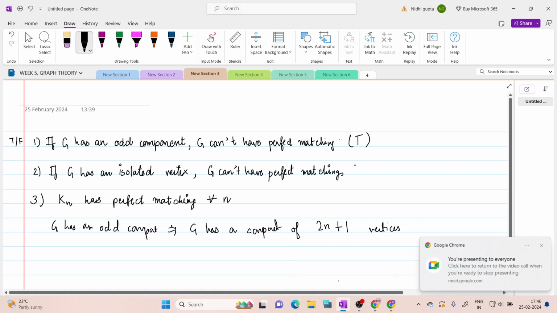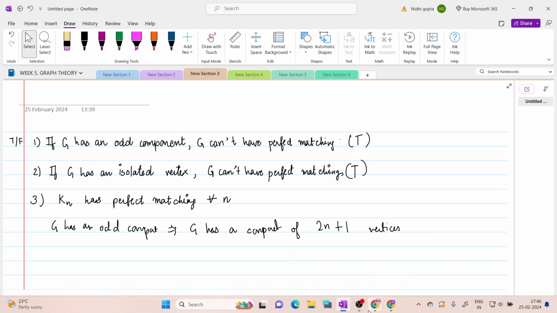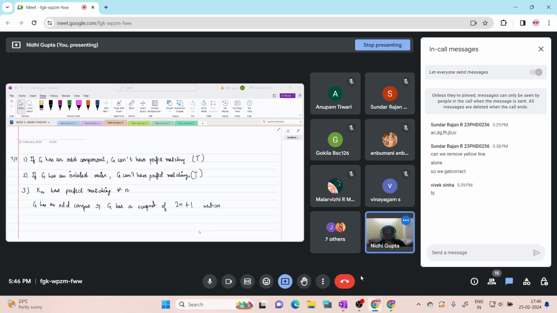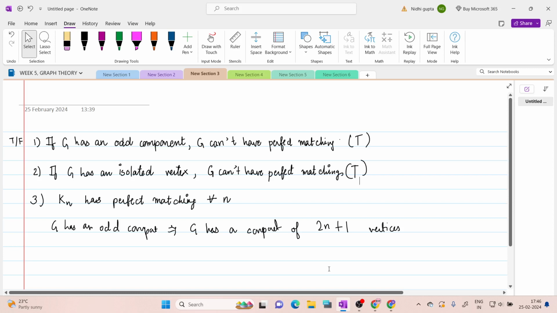Third is Kn has a perfect matching for all n, where Kn is the complete graph on n vertices. So do you think it is true or false? Ma'am, if n is even, then it is true. Okay.